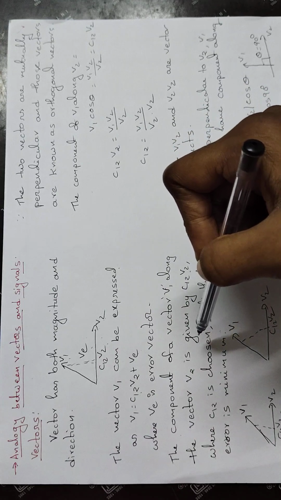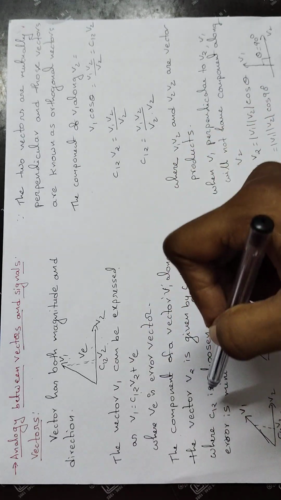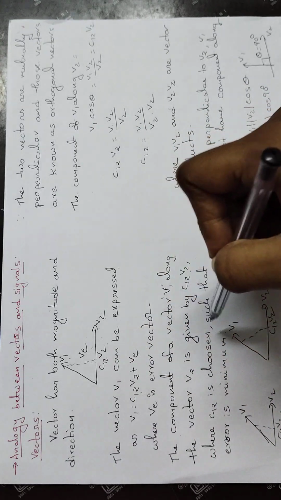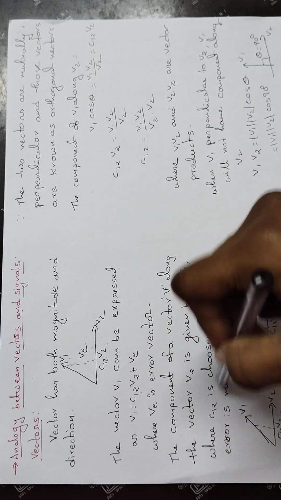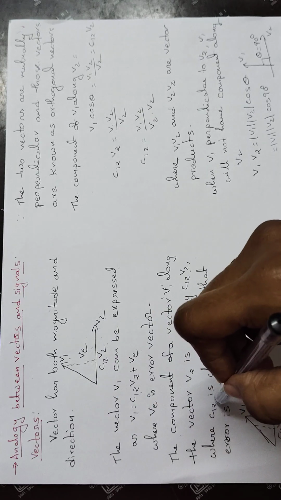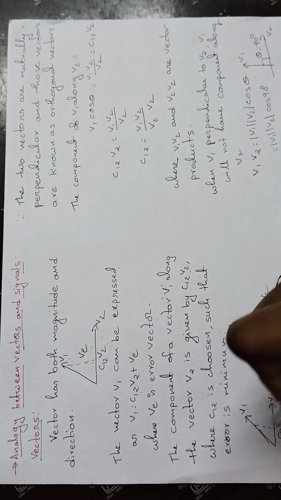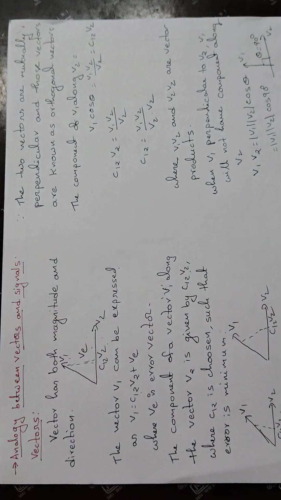If the component along another vector is of larger value, then the error is minimized. That means the error value depends upon the c12 component value. If the component of the vector v1 along the vector v2 is c12 v2, then the magnitude of c12 gives the similarity between the two vectors.